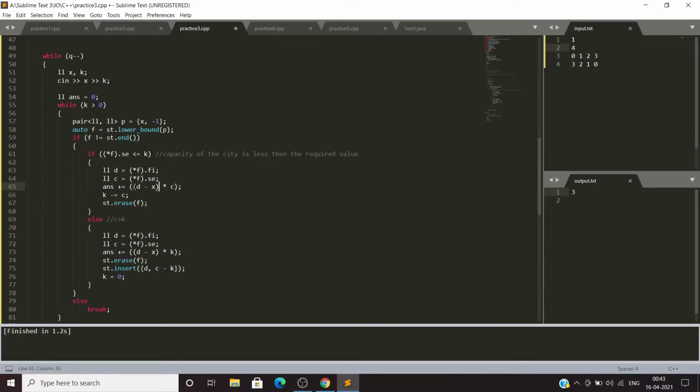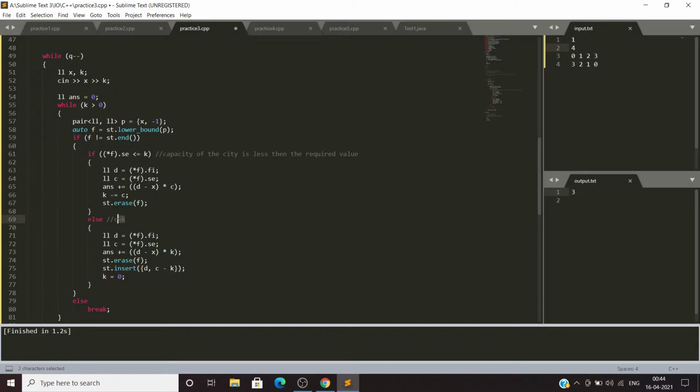Here d is the index of the city that we have found, and x is the current index that we are at. That will be the distance moved, multiplied by the number of people that were moving there. Again we are subtracting the number of people that we have moved from k, and we are erasing that position, because the iterator that it is pointing at now becomes 0, meaning no other people can go there, because every place there is occupied.